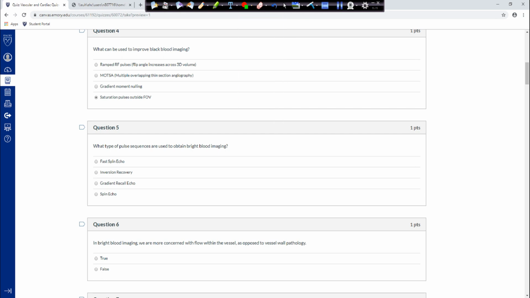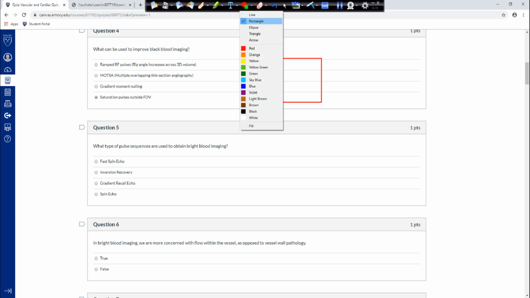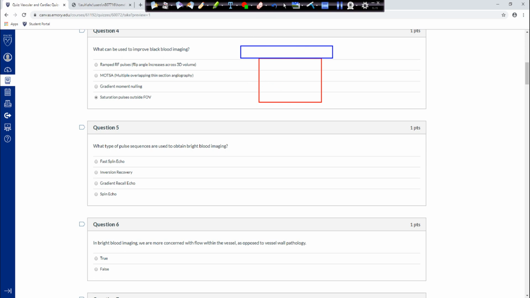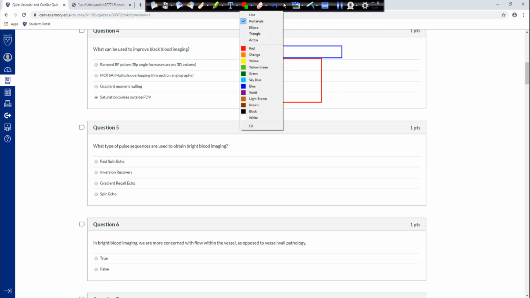So imagine our field of view of the abdomen is red. We can put a sat pulse that's in blue outside the field of view to saturate blood flow coming in. So imagine our blood flow is coming down from the thoracic aorta.